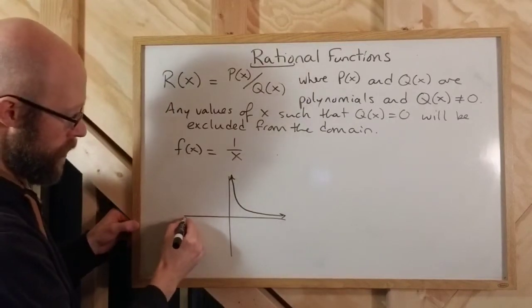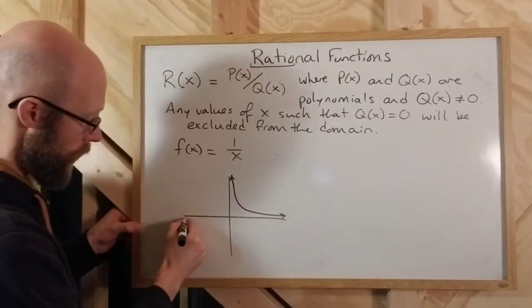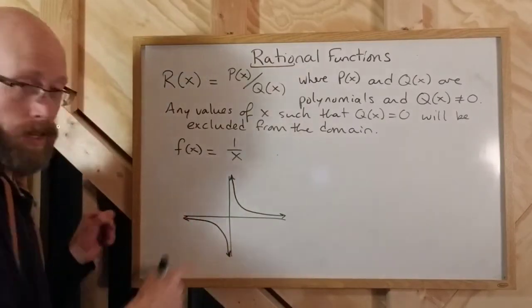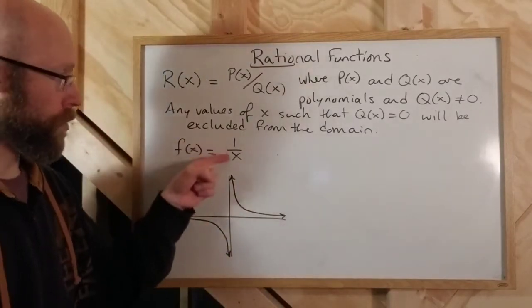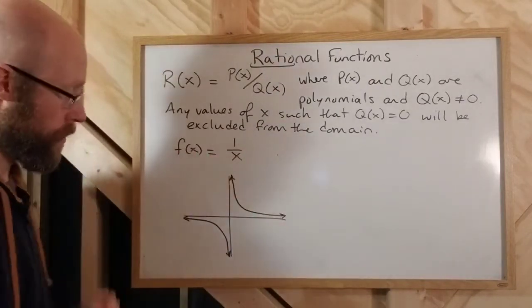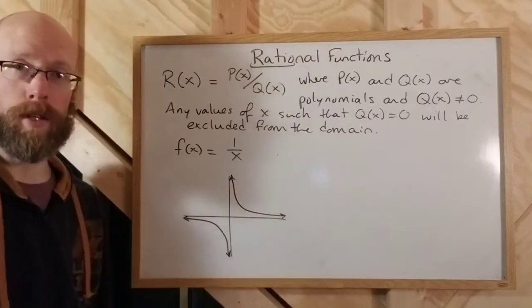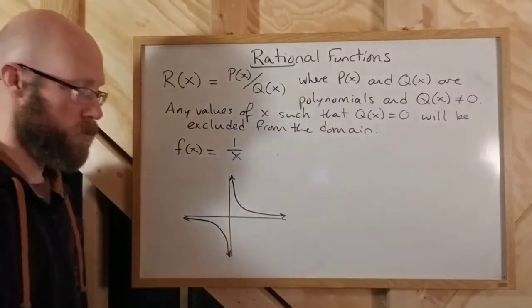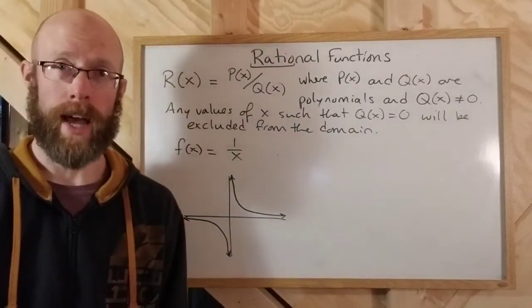On the other hand, with negative x values, we had negative y values, because if you take 1 over a negative number, it's still a negative number. Positive over a negative is still negative. So you had this mirror image reflected through the origin, where you still had your horizontal and vertical asymptotes on the axes.